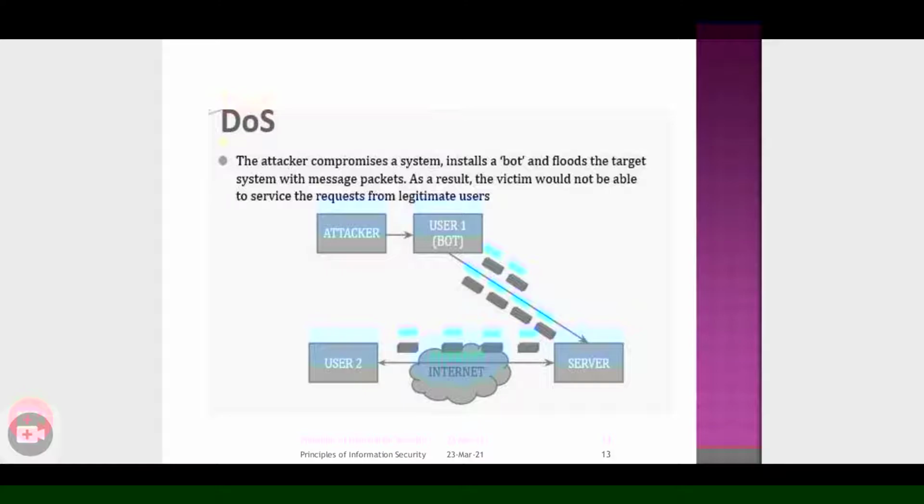That means the server cannot service the requests from the legitimate user, user 2. That is denial of service. The attacker installs the bots and floods the target system with message packets. So what is the output of this situation? The victim would not be able to service the request from the legitimate user. That is the denial of service.